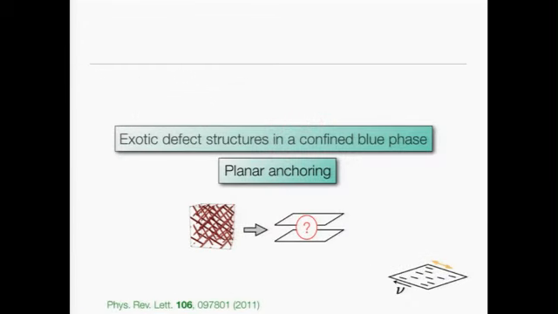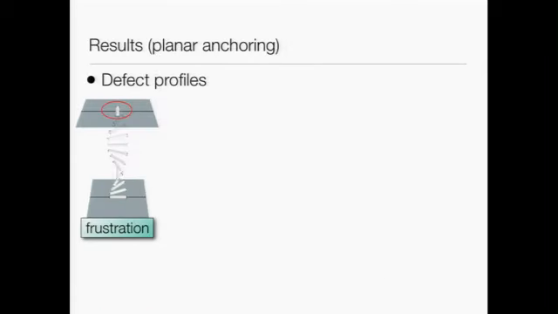And now let me talk about a different case, planar anchoring. Yeah, so in the case of planar anchoring, when the cell thickness is incommensurate with the natural pitch of cholesteric liquid crystals, the system experiences some frustration, as depicted here.